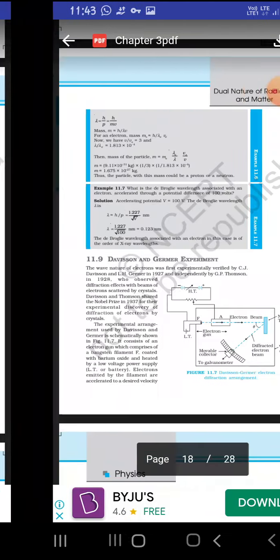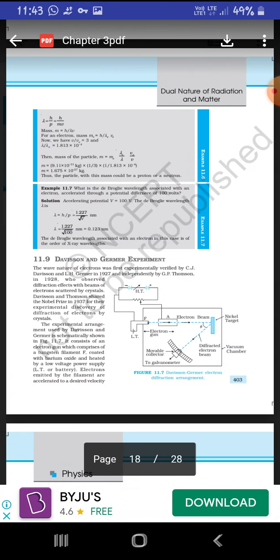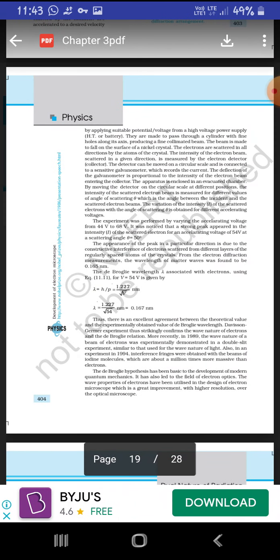The detector can be moved on a circular scale, and the variation of the intensity of the scattered electrons with the angle of scattering theta is obtained for different accelerating voltages.